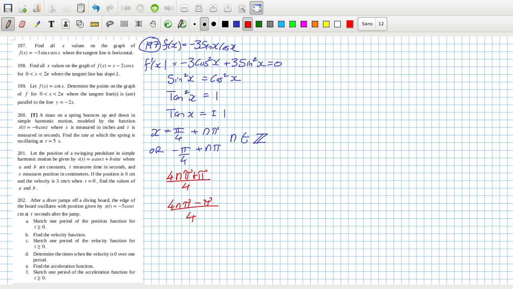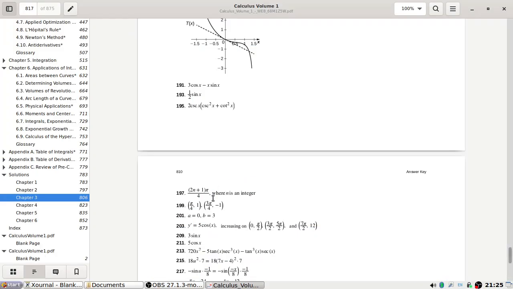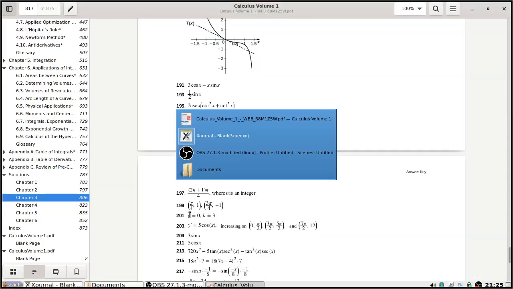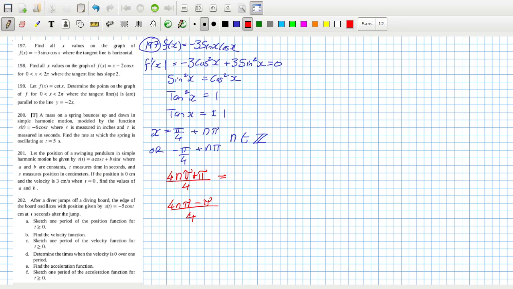So we could take this, how do they do it? They take the pi just out, and they have a 2 rather than a 4. So what might be clearer is if I just list the angles out.